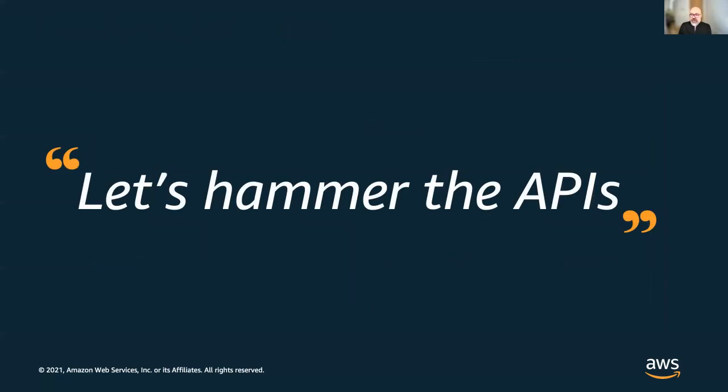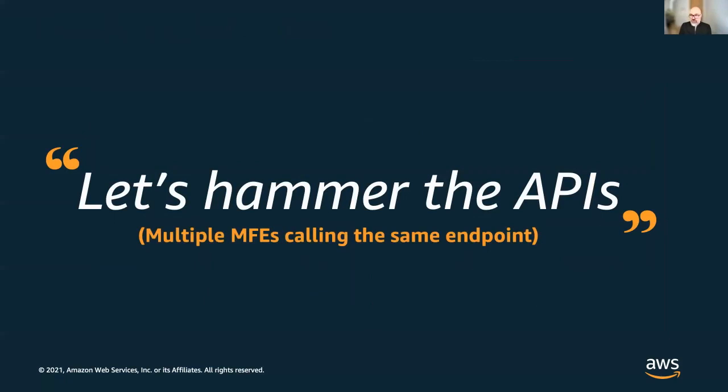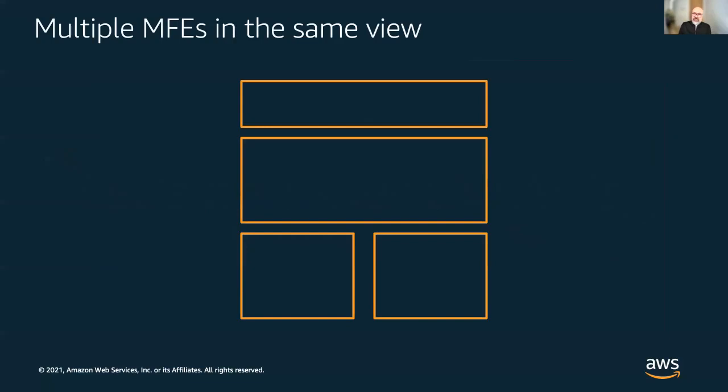Then we have let's hammer the APIs. That's a very funny one. There are situations, and I have experienced a couple of times, where you have multiple microfrontends calling the same endpoints. That per se might seem okay, but then you need to understand the cascade effect.